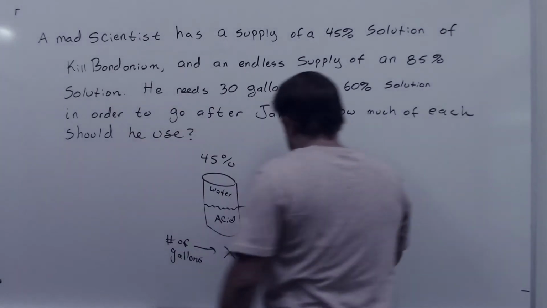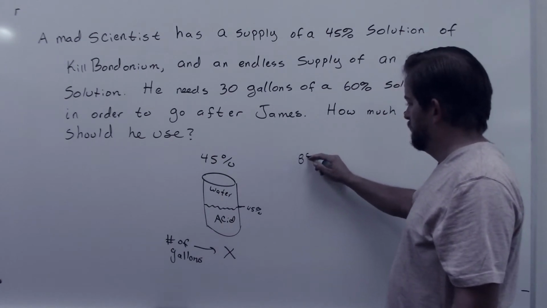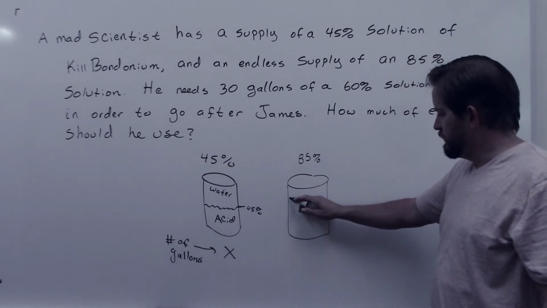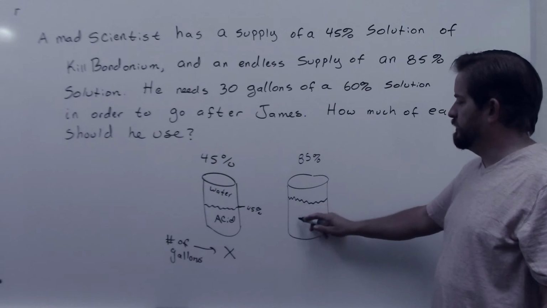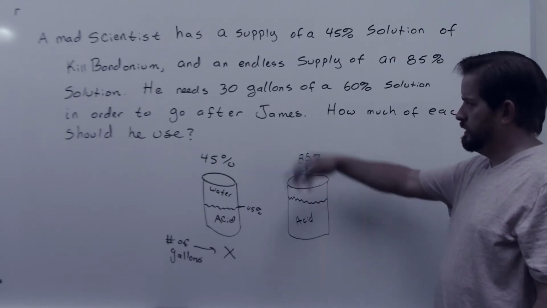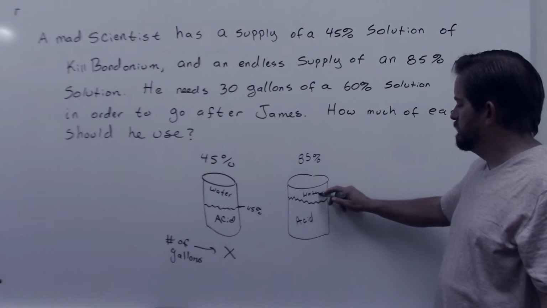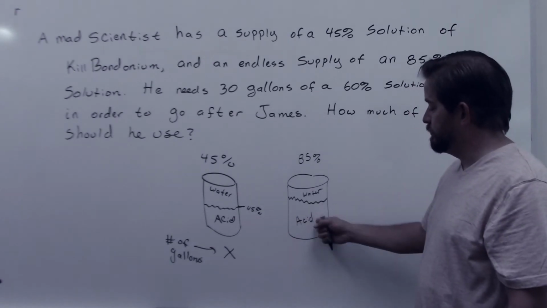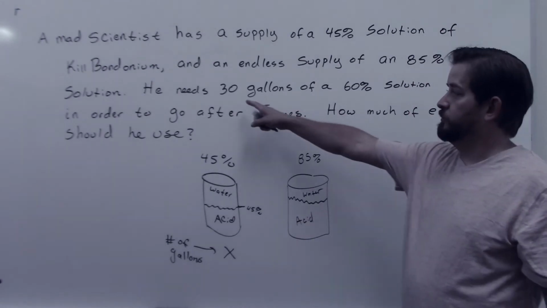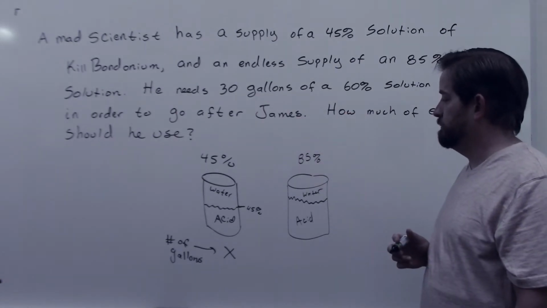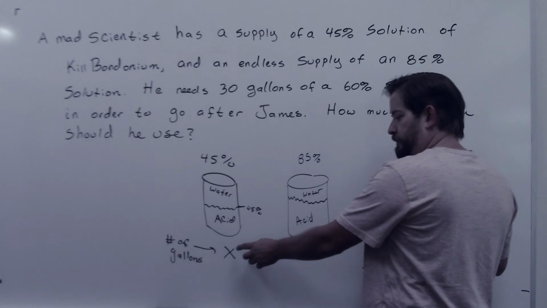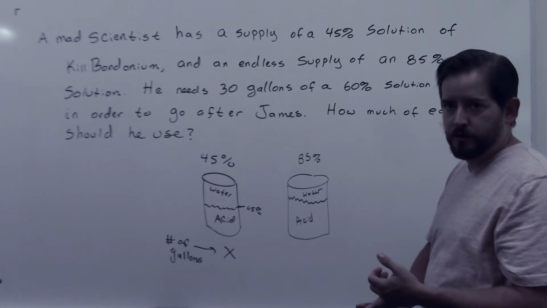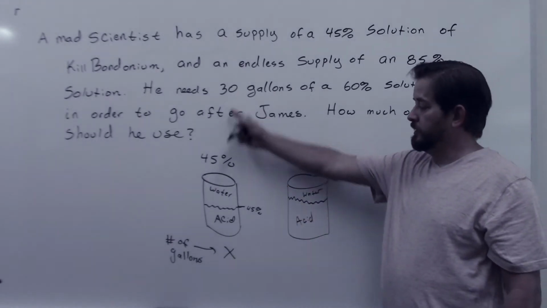We have an 85% solution, meaning in this other solution, a pretty good chunk of it, 85%, is this acid, this kilbondonium, and the rest is water. And what we're doing is mixing these two together. I'm taking a certain amount of this, a certain amount of this, and I'm going to turn it into, hopefully, this 30 gallons of 60% solution. But since I'm mixing these together, if I've already dumped in X gallons of one, the other one, very similar to the coin problem and the coffee problem, is going to be the difference between what I want and what I've already designated.